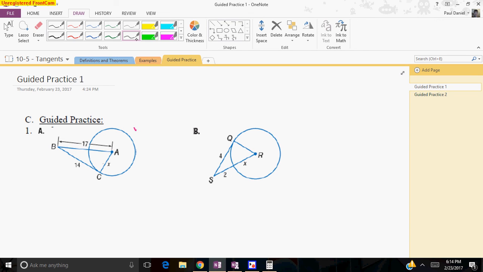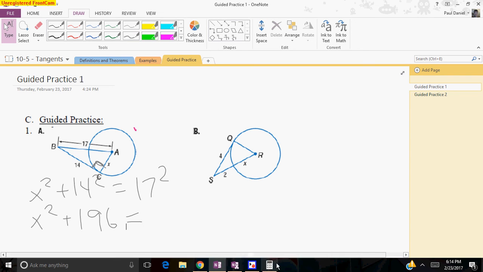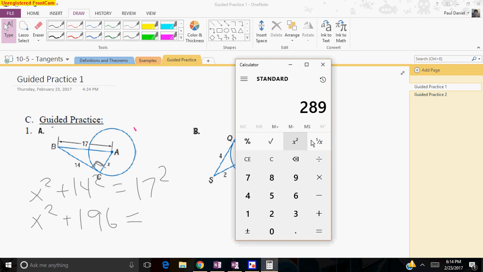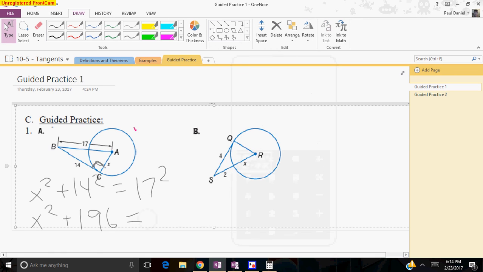In this first one, this is a right triangle. If I want to find x, I'm going to use the Pythagorean theorem: x squared plus 14 squared needs to equal 17 squared. Okay, x squared plus 196 needs to be equal to, if I remember correctly, 17 squared that we did earlier, yep, was 289.